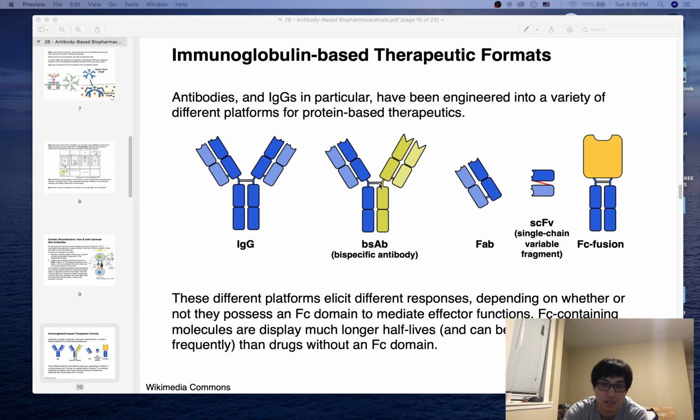You have one light chain and one heavy chain from this side, this set, and another heavy and light chain from another set. So this part and this part can recognize different antigens.